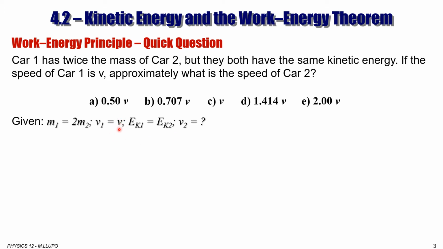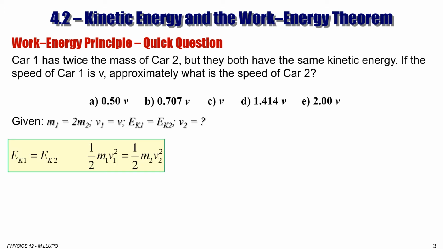Is it bigger than v1 or smaller than v1? Now, what is the reasoning behind this? The first thing that we have to think of is they both have the same kinetic energy. So that means half of m1 v1 squared has to be equal to half of m2 v2 squared.